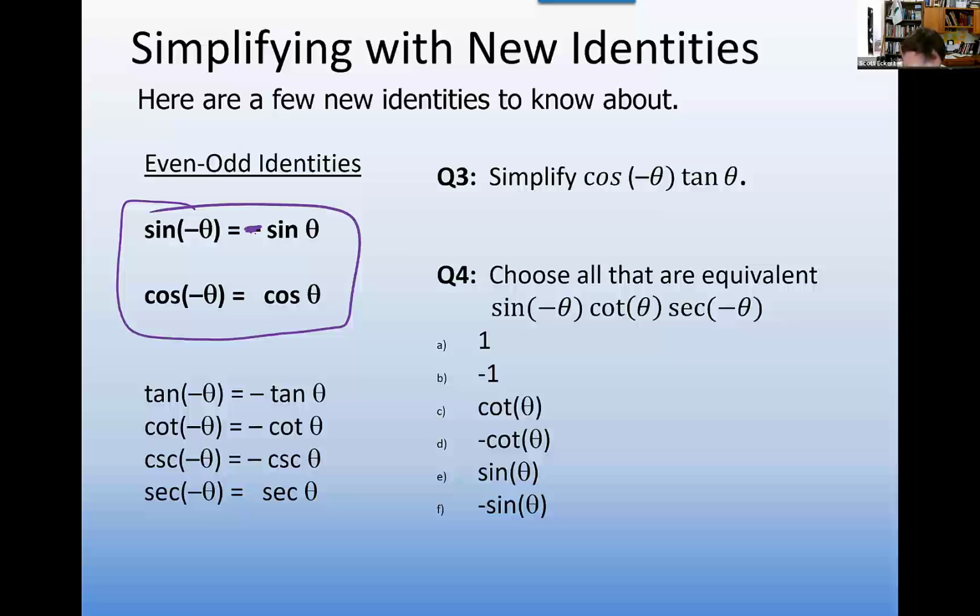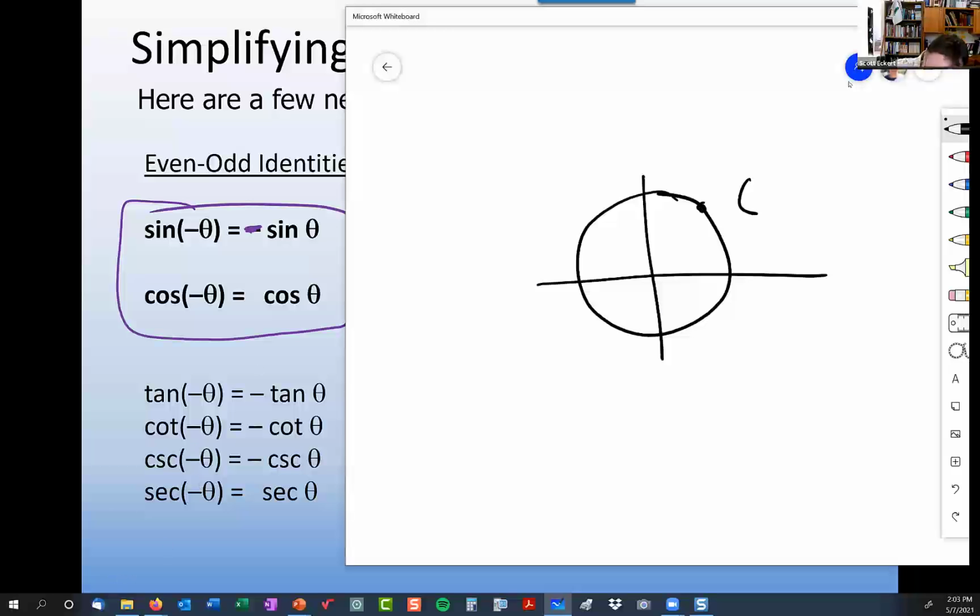Real briefly, here's some logic to that. And I have a theta. This point is the point cosine theta, sine theta. Now, we learned that a long time ago. It's the definition of the unit circle. Now, imagine theta is not positive, but it is negative.